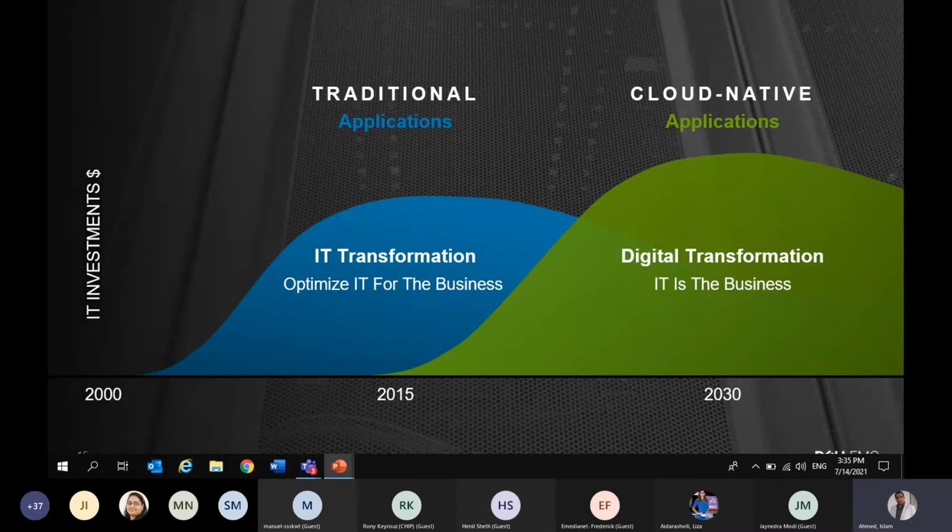This kind of traditional and cloud native application will affect our life in the coming 5 years. So we have to understand that in order to understand the coming demand in the market, and making the IT itself the business has to be done with the core of how to do that.